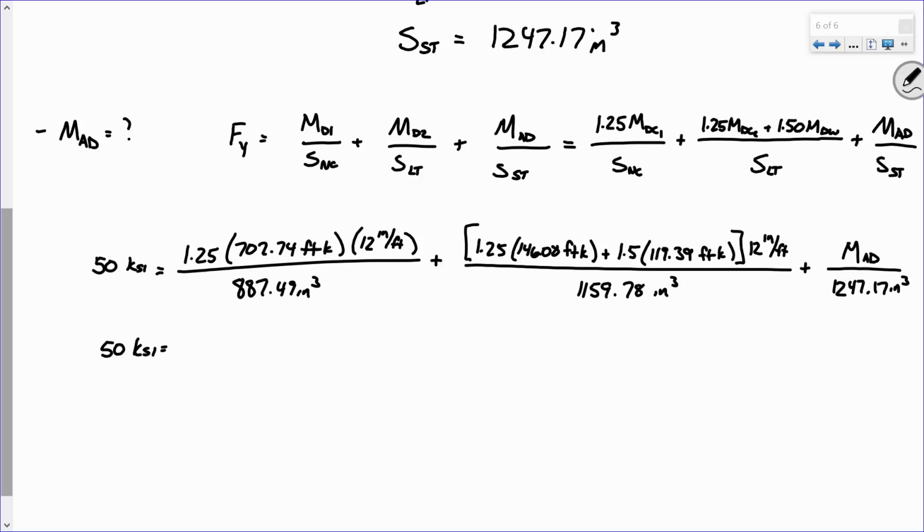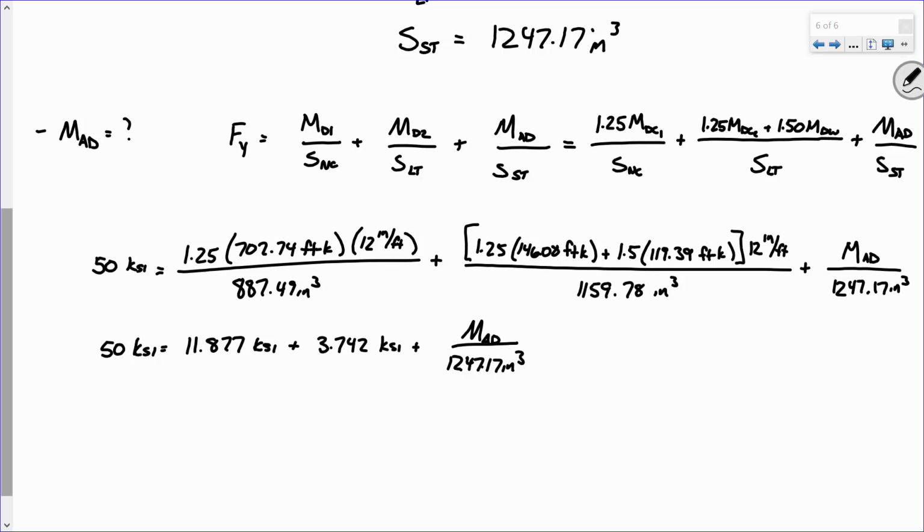There we go. So 11 plus whatever's going on there, what do we get? 3.742 KSI plus something over 1247.17. That's a little easier to handle, isn't it?